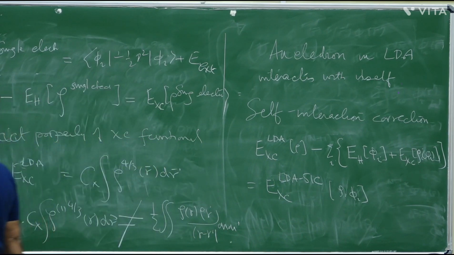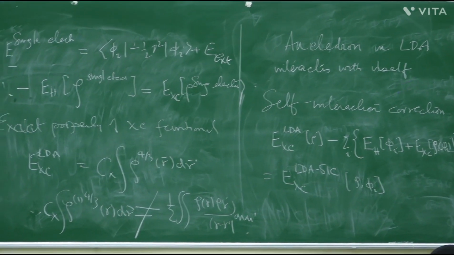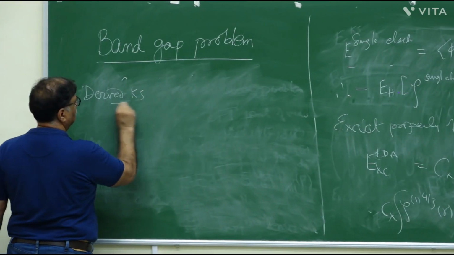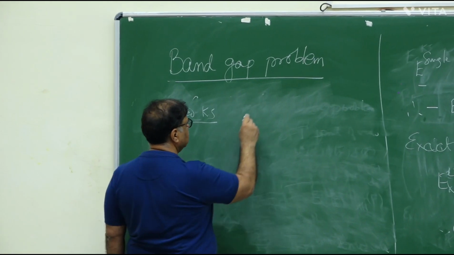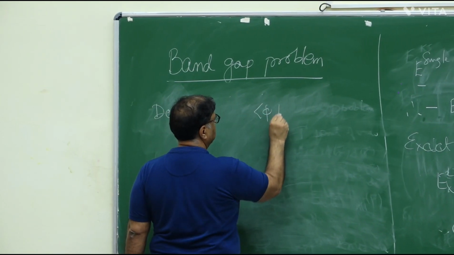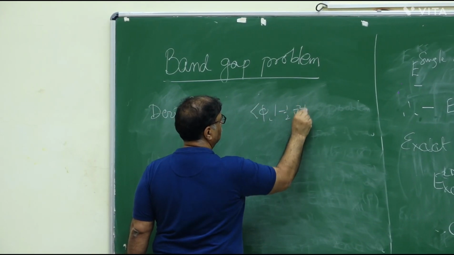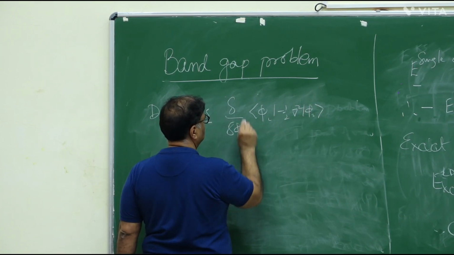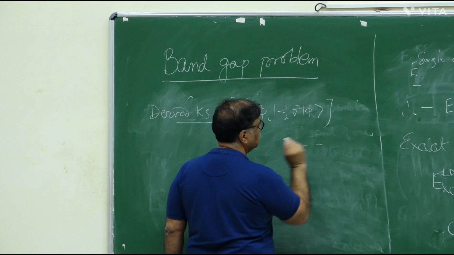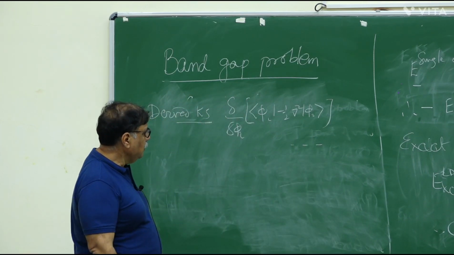How does that happen? Remember how we derived Kohn-Sham? Finally I had said that you're minimizing this kinetic energy with respect to phi I under some conditions, right?